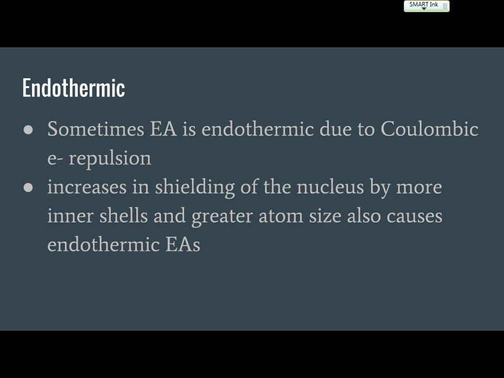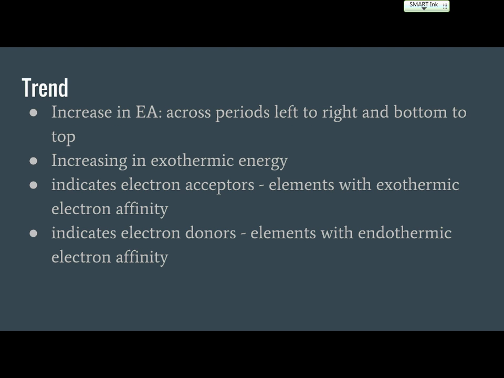Sometimes electron affinity is endothermic. This is due to Coulombic electron repulsion, when some of the groups are already stable or full with valence electrons, so adding another electron requires more energy, which makes it endothermic.